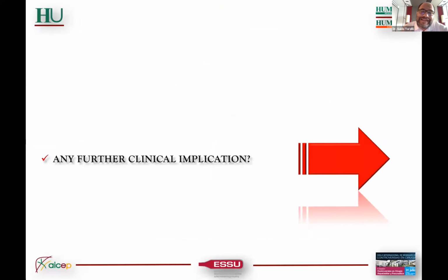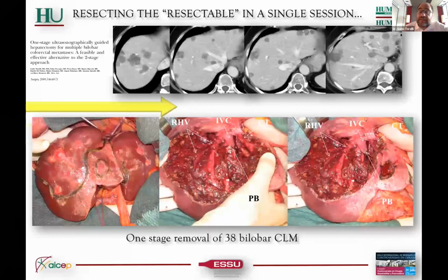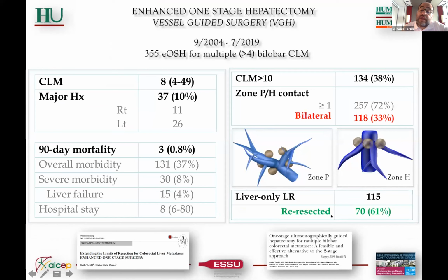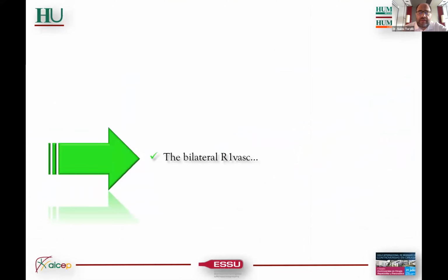And the other implication is that when we have multiple bilobar lesions, as I showed, we use a one-stage procedure, even if there is a bilateral contact with the major vessels, in 33%. In this way, when you preserve the skeleton, you have more chance to reoperate the patient in case of liver recurrence, because you keep the skeleton, the architecture of the organ.